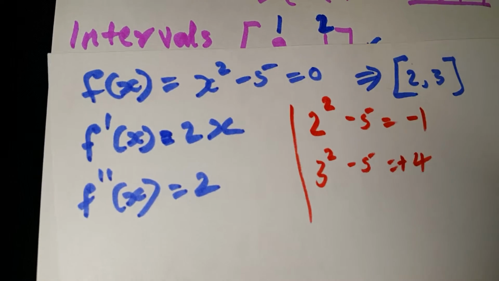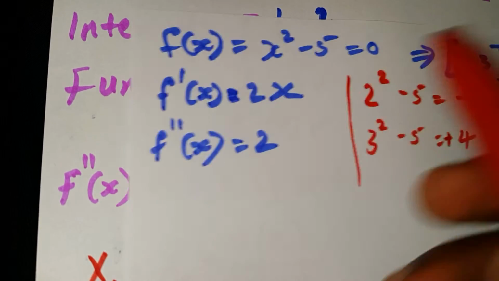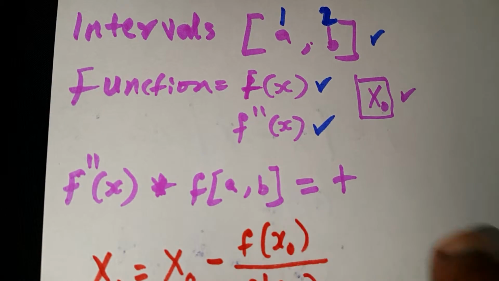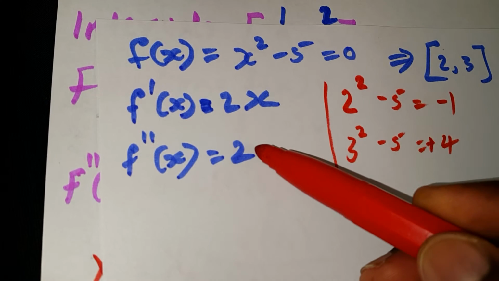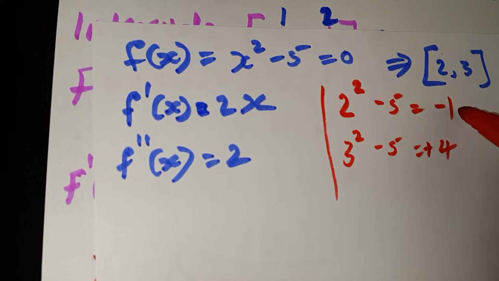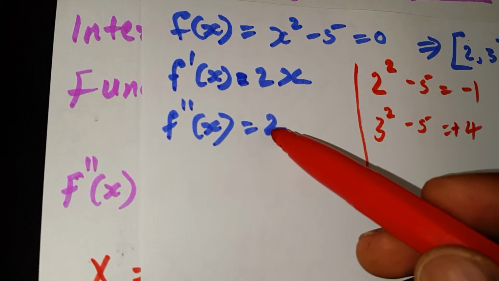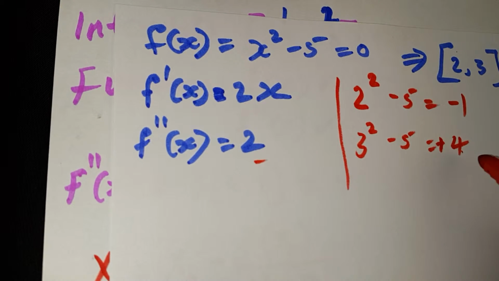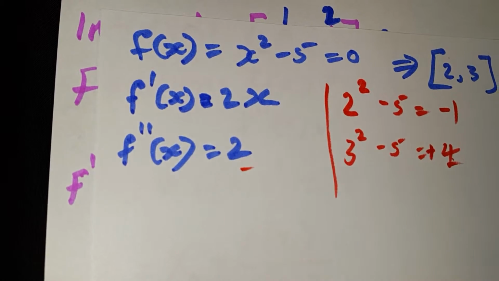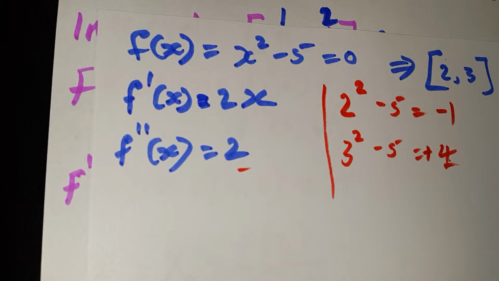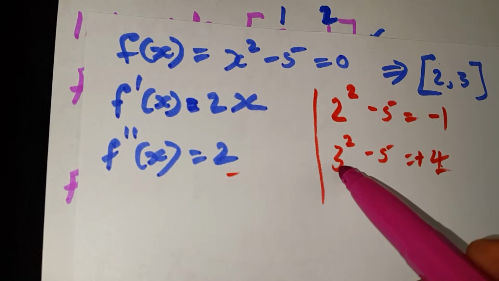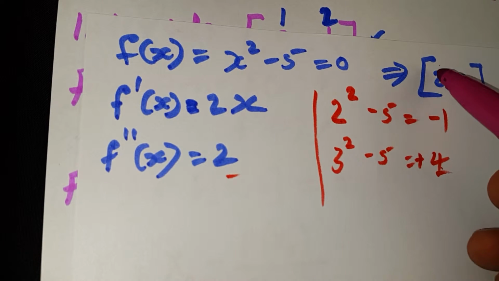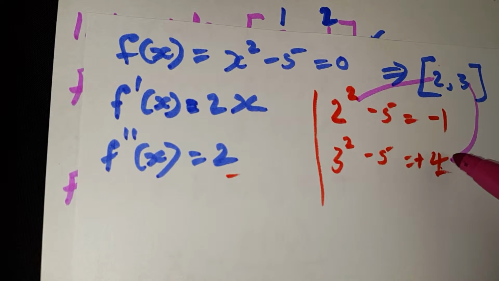Now what is the next thing to do? To multiply this with this to give us positive. If you multiply, 2 times minus 1 will give us minus 2, and 2 times 4 is 8. So this one gives us positive, which means it is 3. We put 2 here, and we put 3 here.